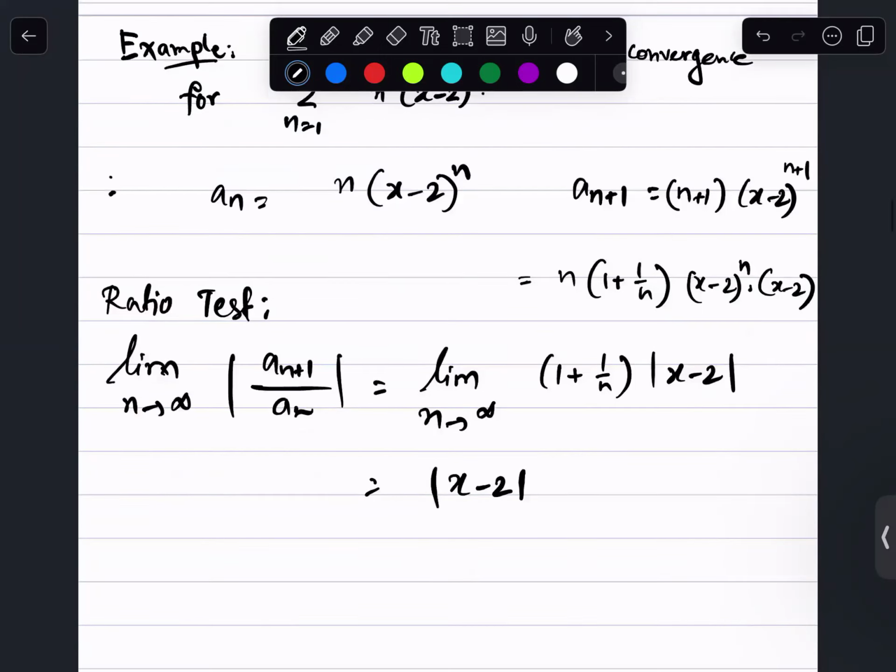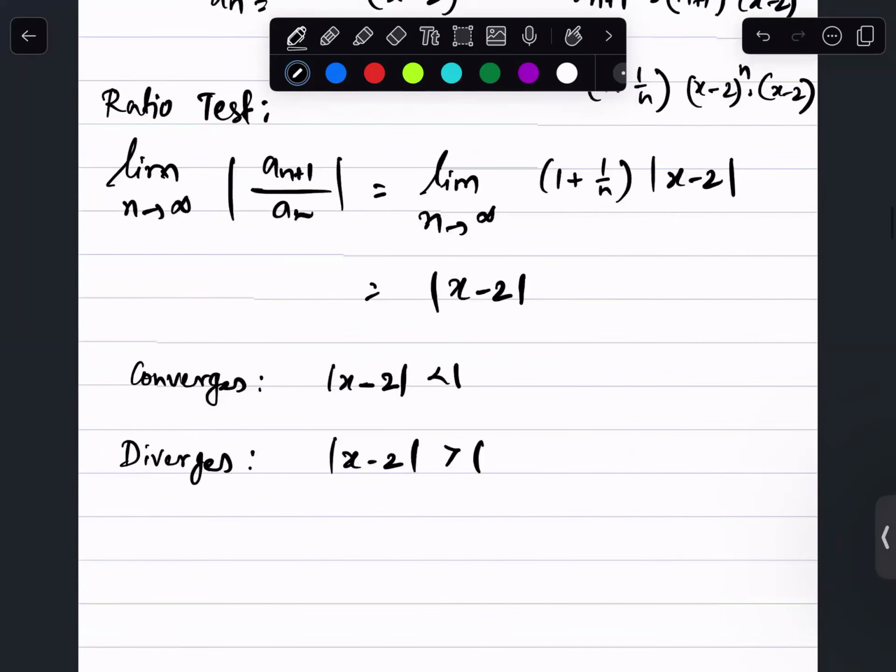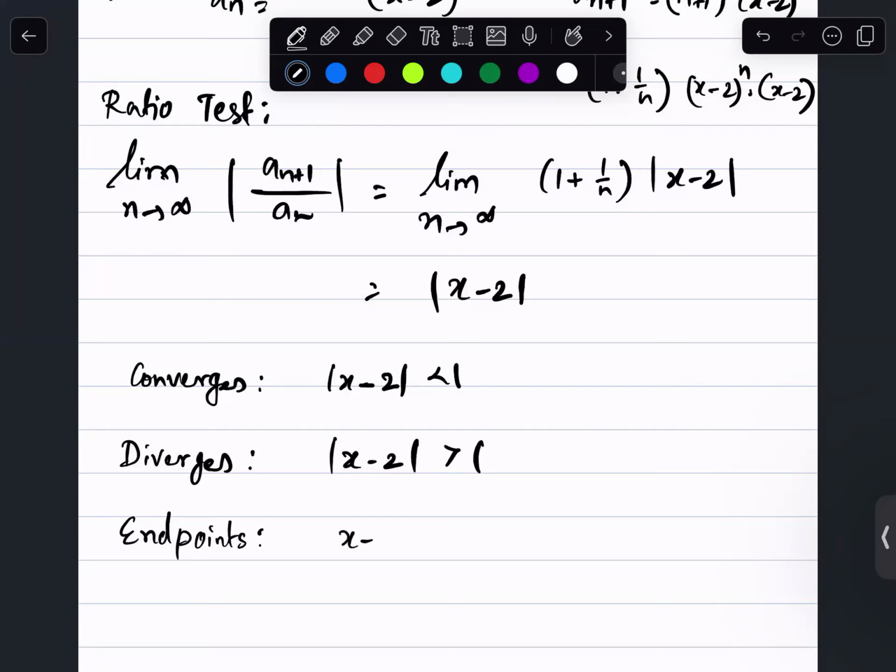And the ratio test says that the convergence of the series depends on x like this. When modulus of x minus 2 is less than 1, then the series converges. The series diverges when modulus of x minus 2 is bigger than 1. And we don't know about the endpoints yet. Modulus of x minus 2 is 1. This means x minus 2 is plus or minus 1.